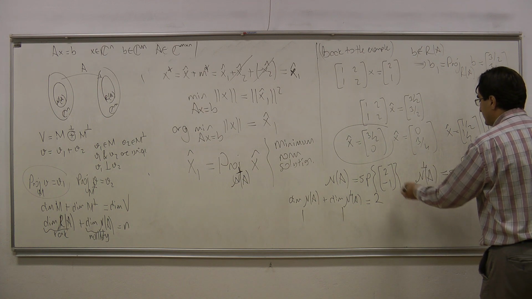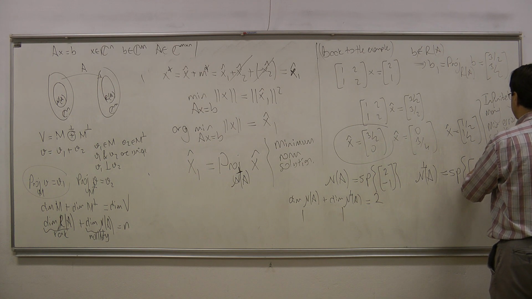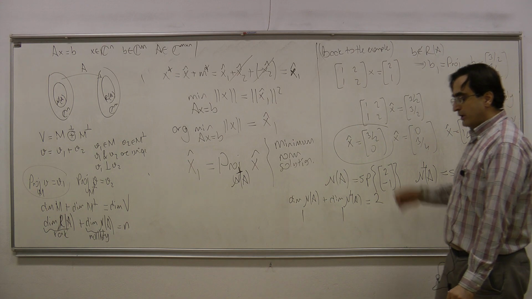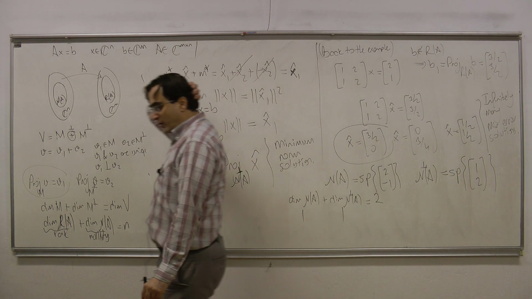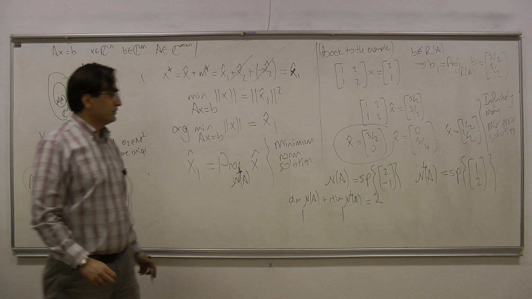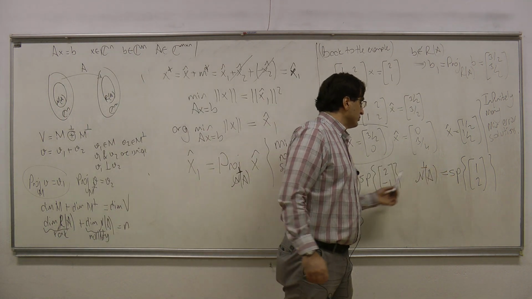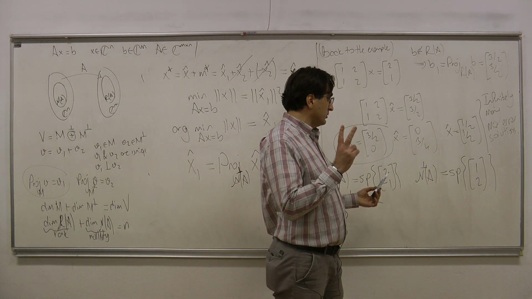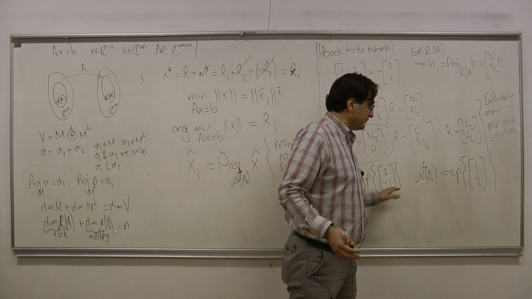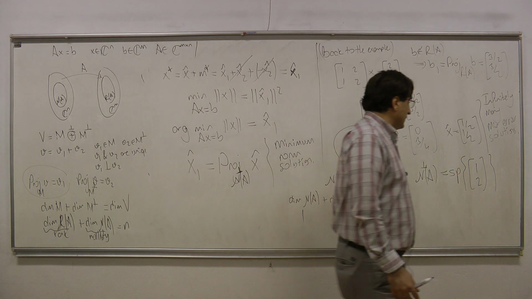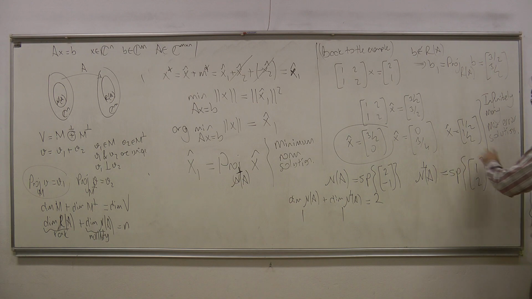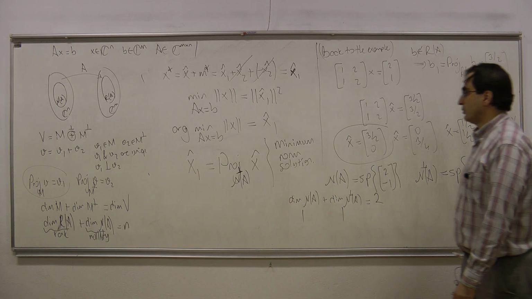And you see that it is easily the vector (1, 2). So null space of A orthogonal complement would be just this. And the dimension of these two subspaces adds up to 2, the overall space, because these are in C2.